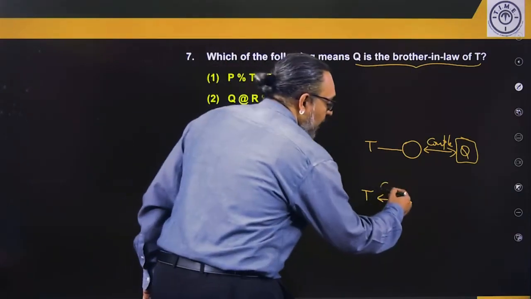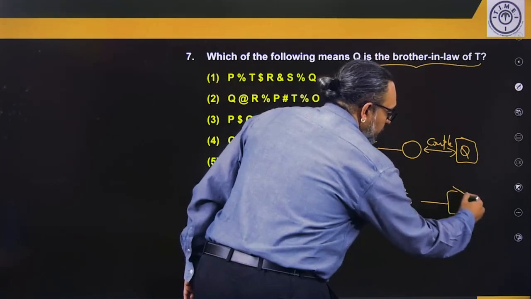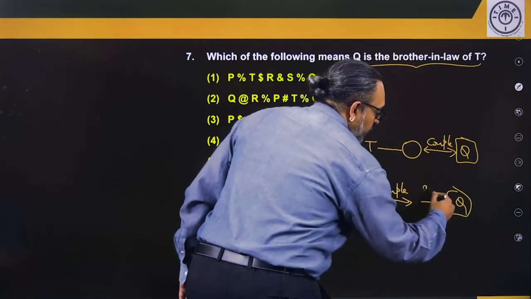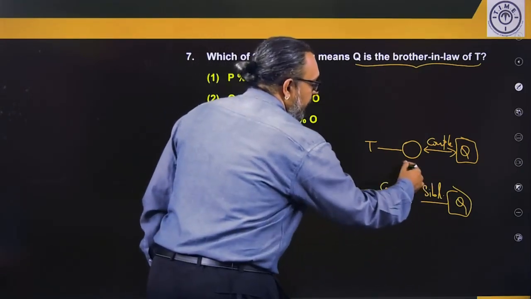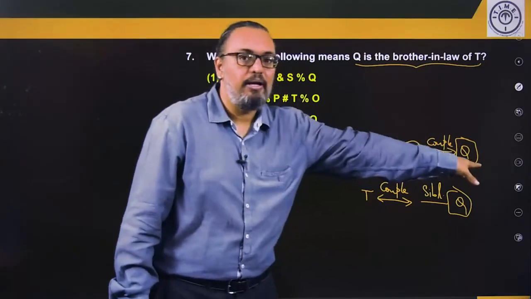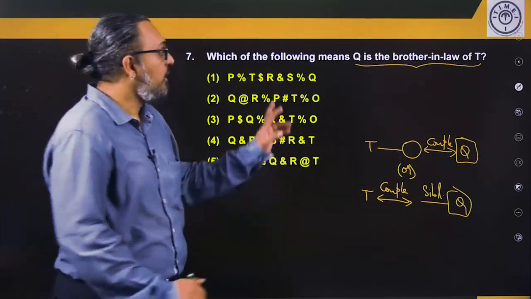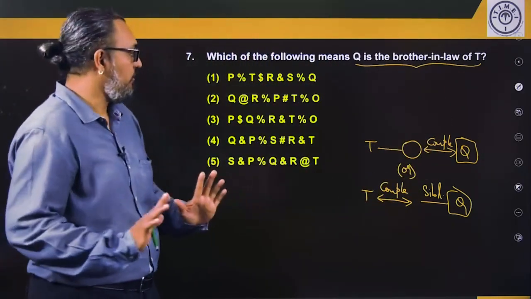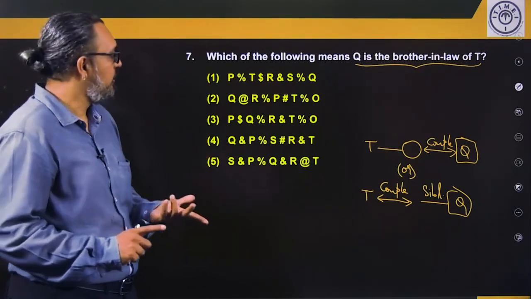So, T can have a spouse and spouse's brother can be called as brother-in-law. So, these are the 2 ways of getting Q is a brother-in-law of T. Either it is sister's husband or it is spouse's brother. I have to check what, but compulsory Q has to be a male. The gender should match, correct?